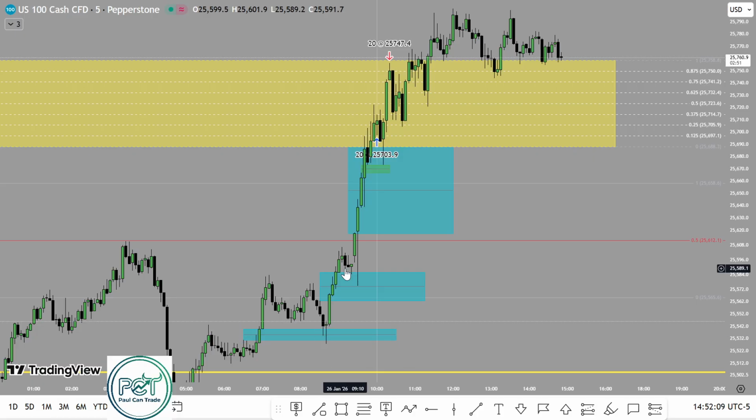Look here, just the wicks doing the damage. This is how you read order flow, and you know it's bullish. So when you see this, you'll be crazy to start shorting this kind of a market, because institutional order flow is showing to you that it's bullish. It wants to keep moving higher. So that was the business and the logic.